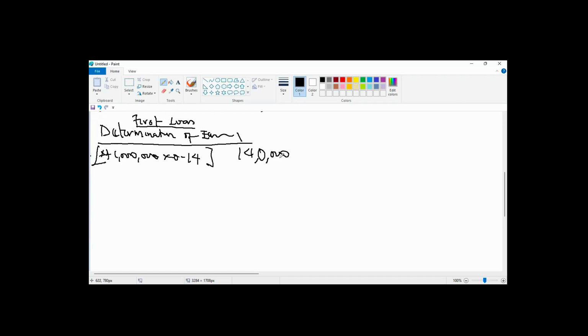Interest will not be paid again, then the tax people will collect tax at 0.35 times 140,000. How much am I paying out? That is 49,000. 140,000 minus 49,000 is 91,000.